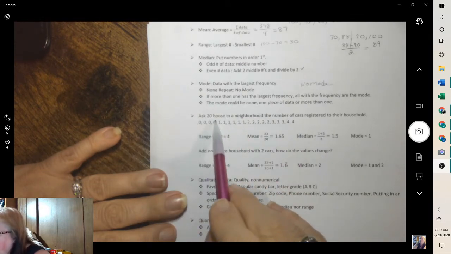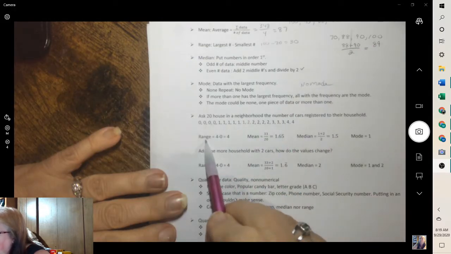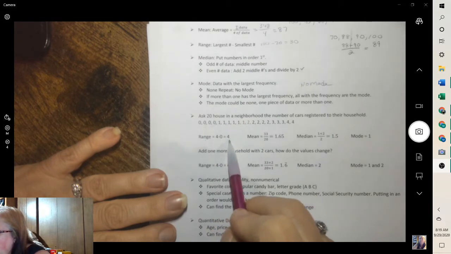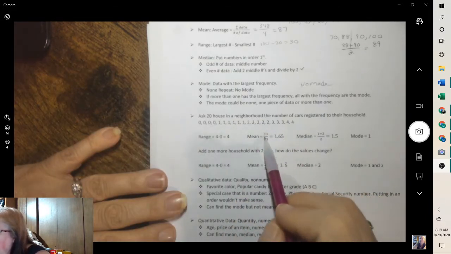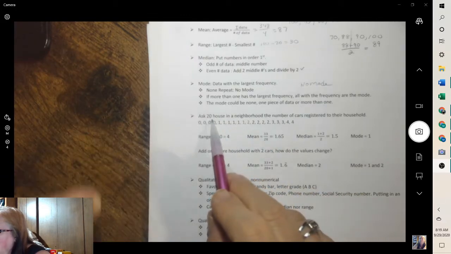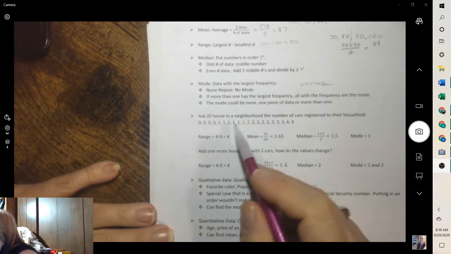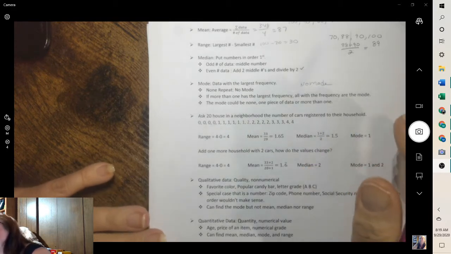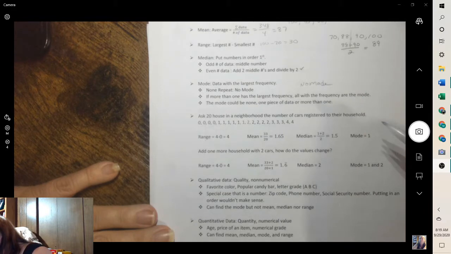The frequency is how many zeros, how many ones. To find the range, largest minus the smallest, which is 4. The mean, add all of them up, get 33. We checked 20 households, so we divide by 20. On average, 1.65 cars per household.